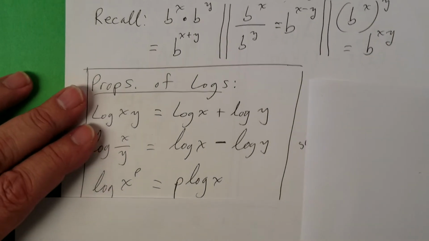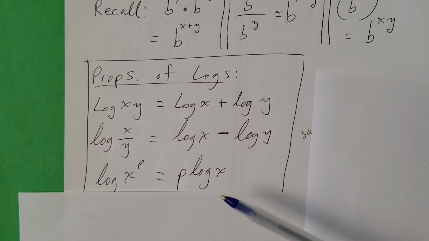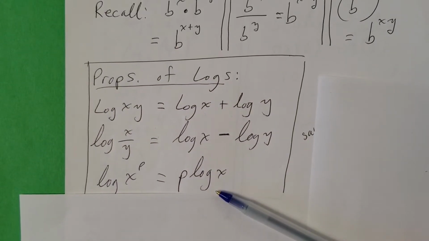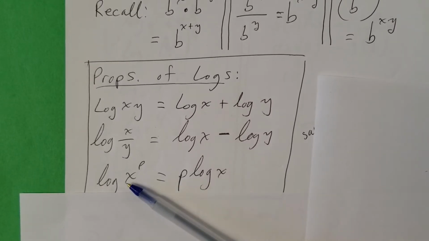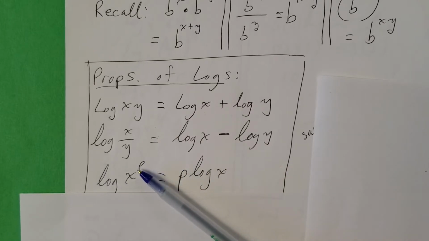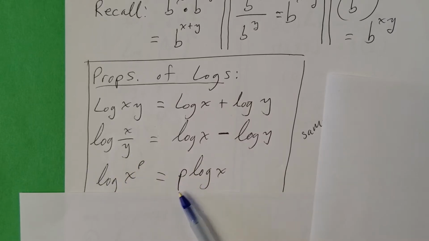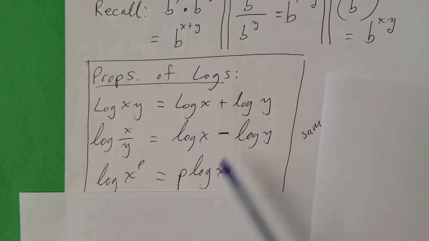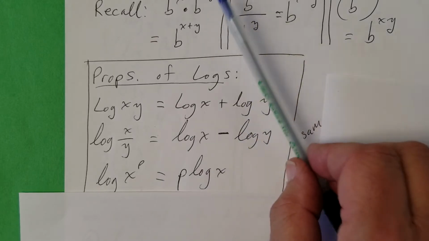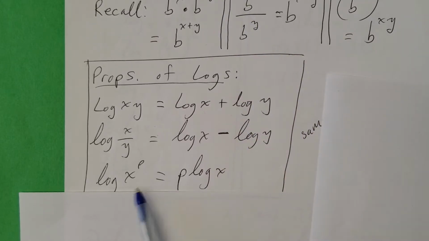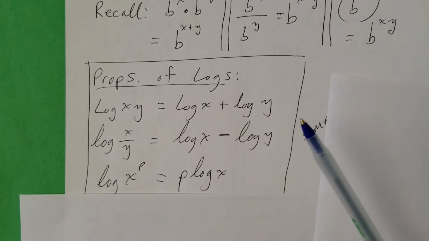This third one we're going to use a lot to solve equations with logs in them. Look what happens here. If you have log of something, a number or a letter, and it has a power, then you can bring that power down to the front and make it a regular number. Make sure you get this one for sure, because these first two kind of make sense since they remind you of the old properties, but this one is a little different.